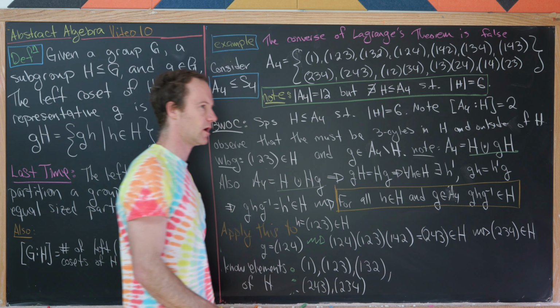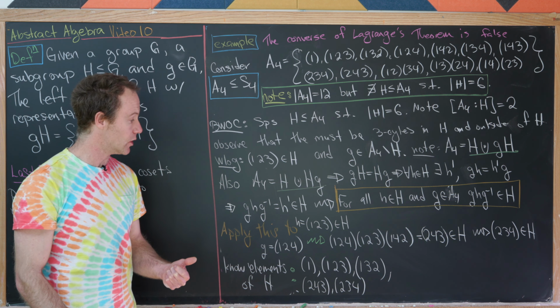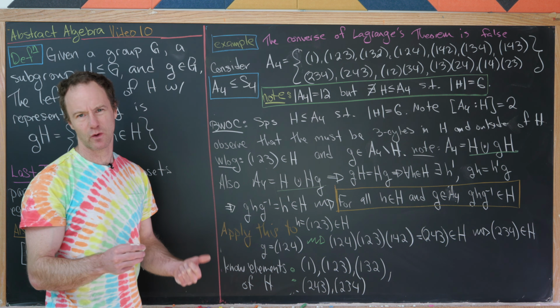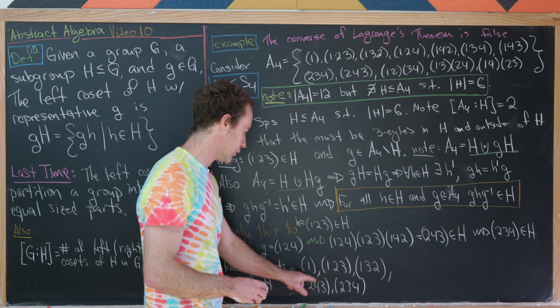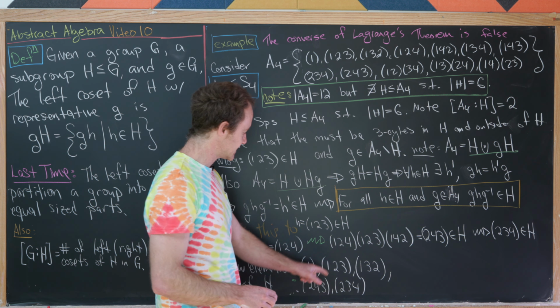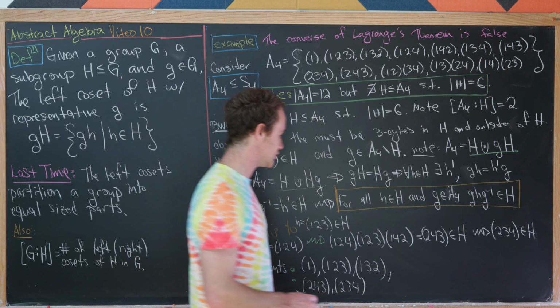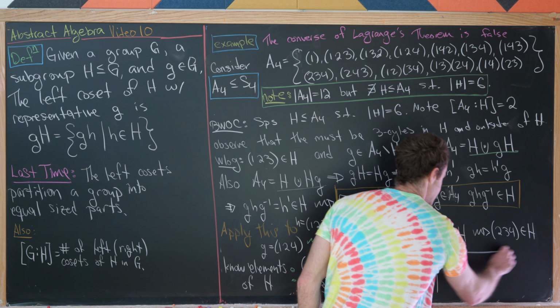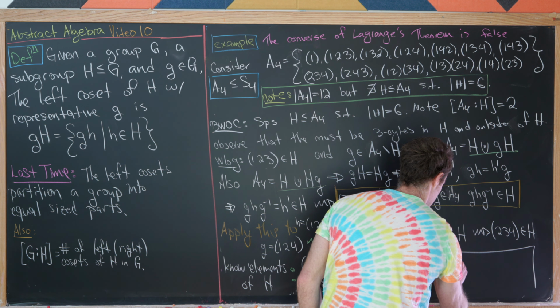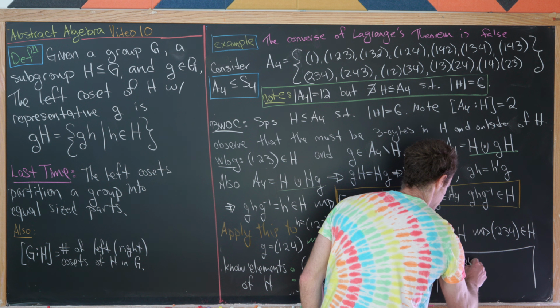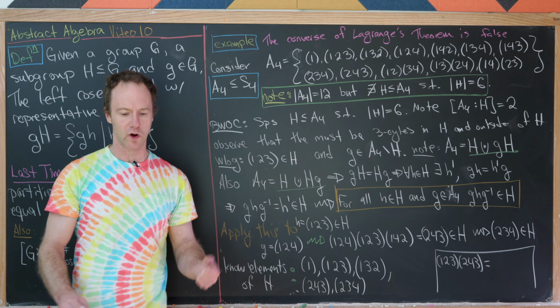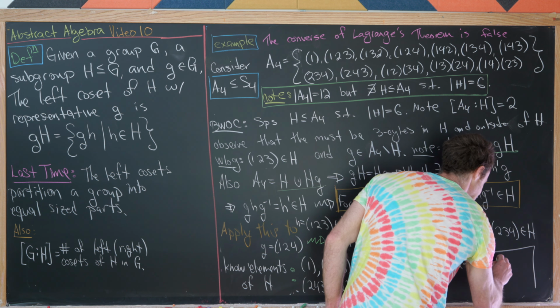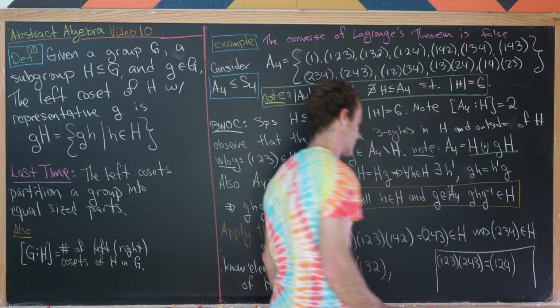But let's recall that our group is closed under multiplication, or under composition in this case. So let's combine (1 2 3) with (2 4 3). Let's do this off to the side. So (1 2 3) and (2 4 3) is equal to, well, I'll let you work out all of the details, but that's equal to (1 2 4).